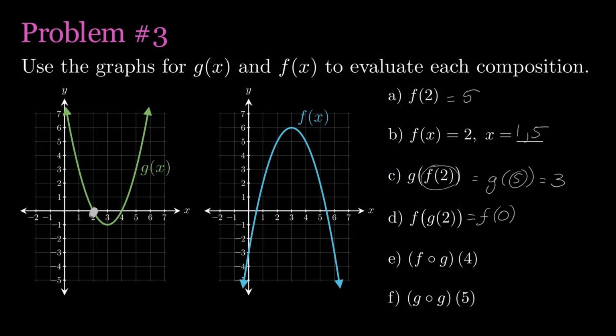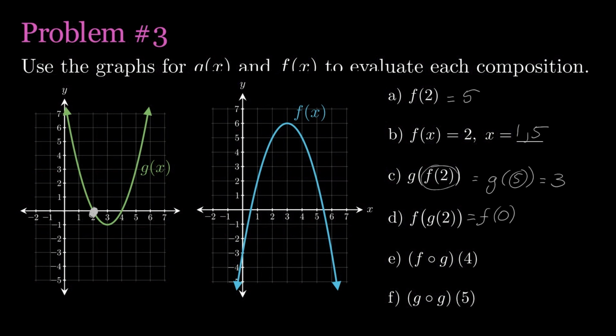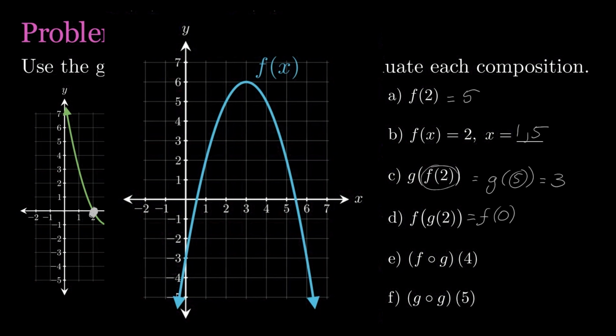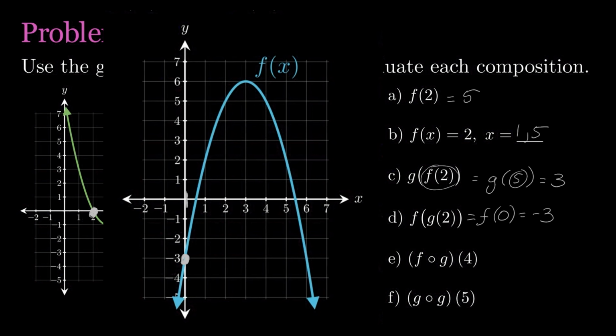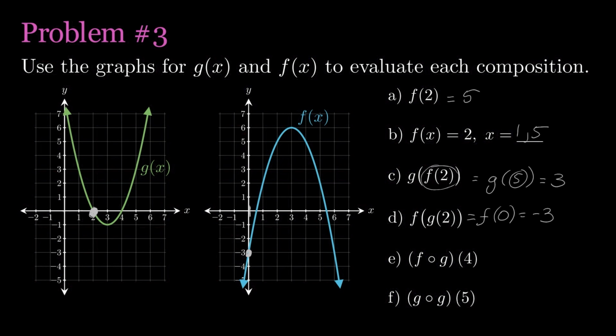So now, on the graph of f of x, we have to find the point on the graph whose x-coordinate is 0. X of 0 is right here, and that point on the graph of f of x is right there. And its y-coordinate, which is f of 0, is -3.